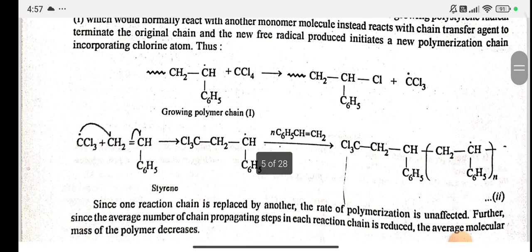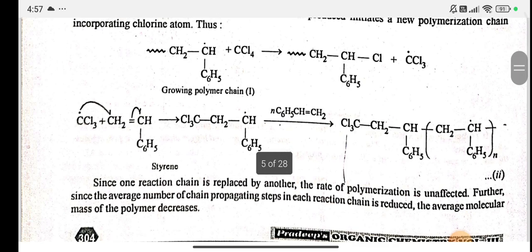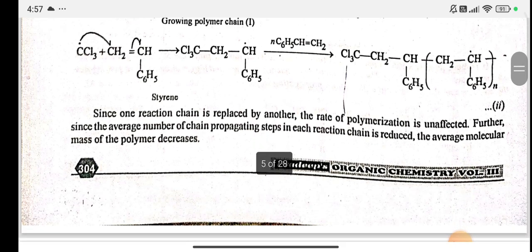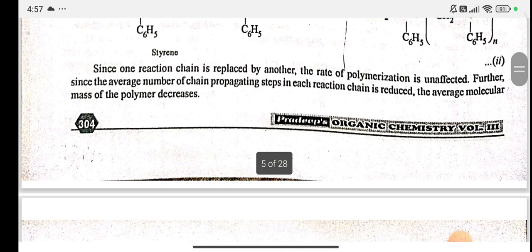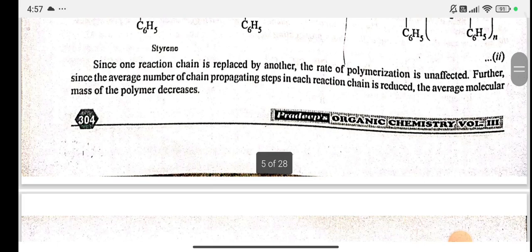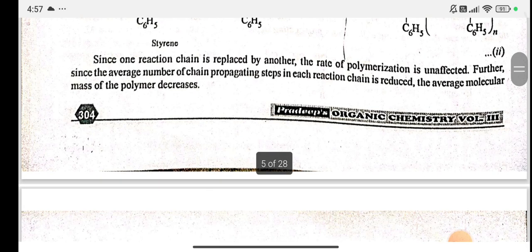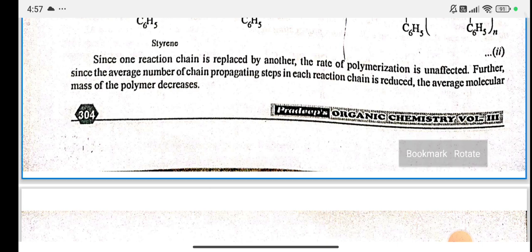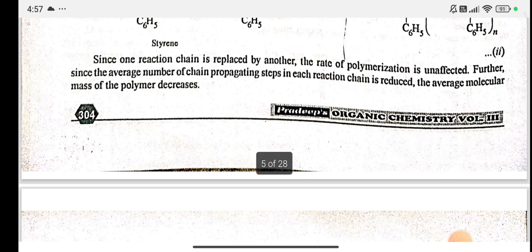A new free radical produced initiates a new polymerization chain with incorporation of a chlorine atom. Thus, since one reaction chain is replaced by another, the rate of polymerization is unaffected. Further, since the average number of chain propagation steps in each reaction chain is reduced, the average molecular mass of the polymer decreases.